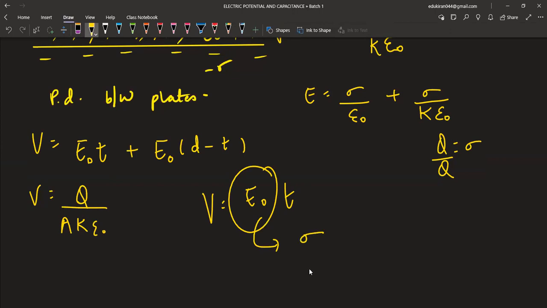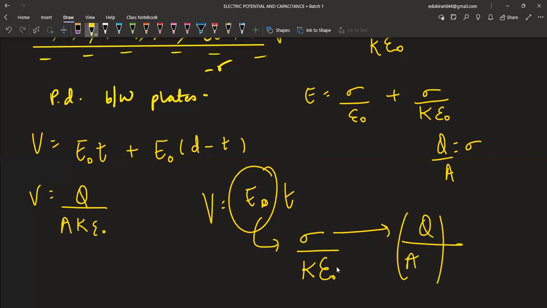Electric field for this dielectric slab is sigma by K into epsilon naught here. Sigma, you know, it is charge divided by the area, so this will be substituted as Q by A. Sigma has been substituted and this left over K epsilon naught. So now it's clear, Q by A K epsilon naught.